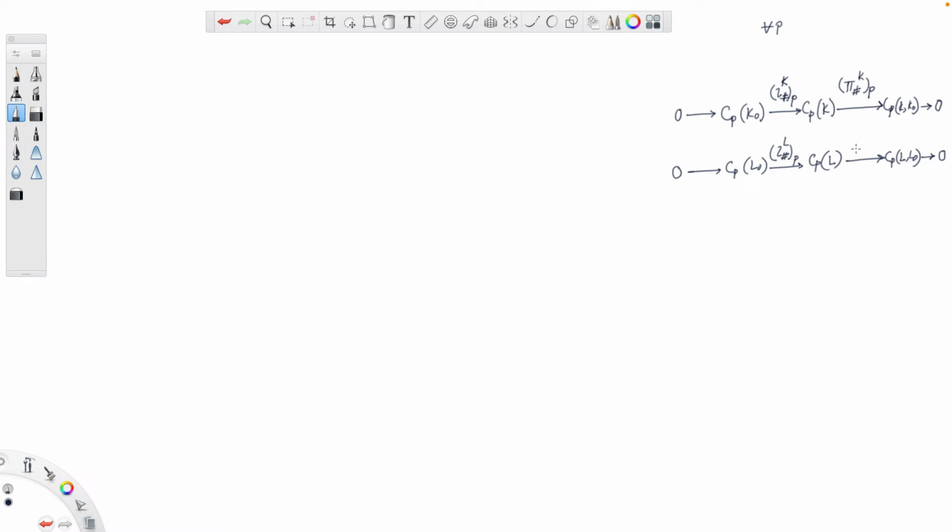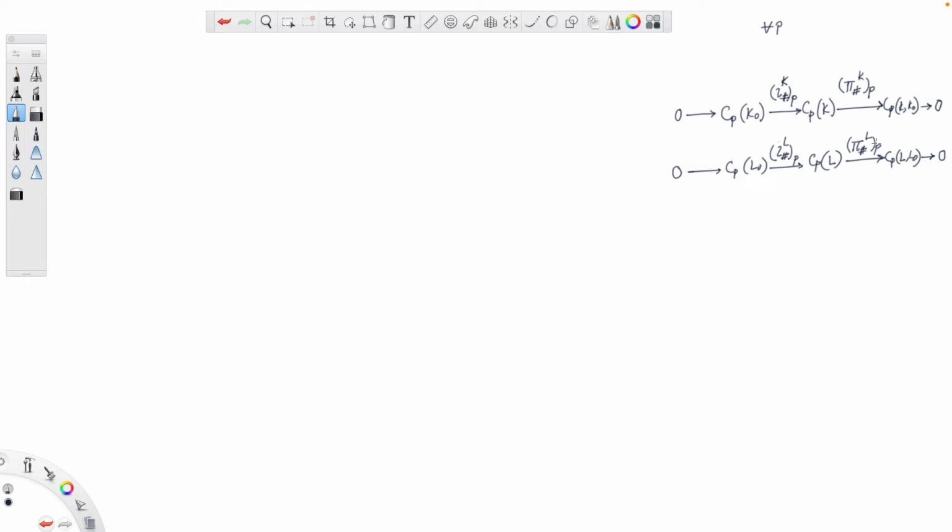And here this group homomorphism is by hash L at P.